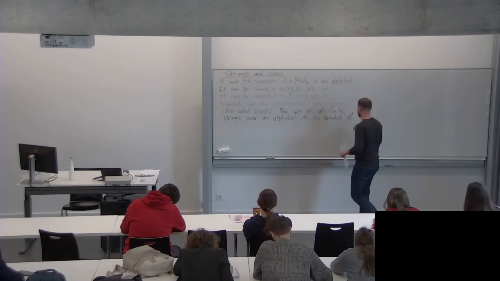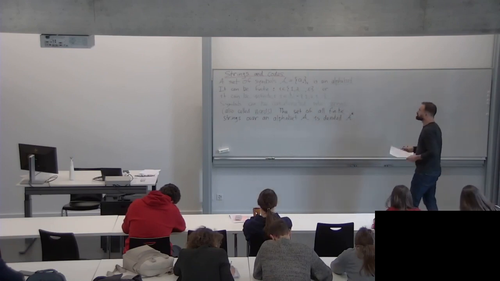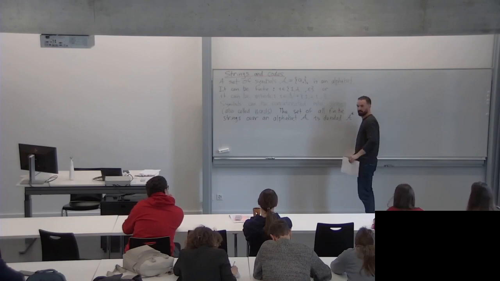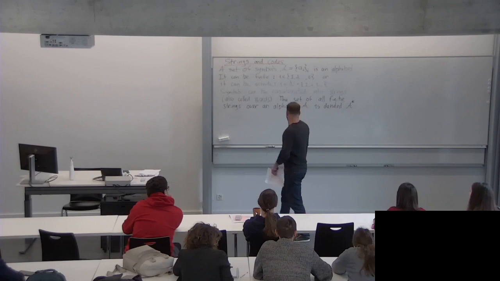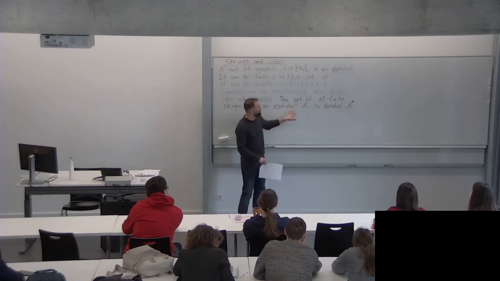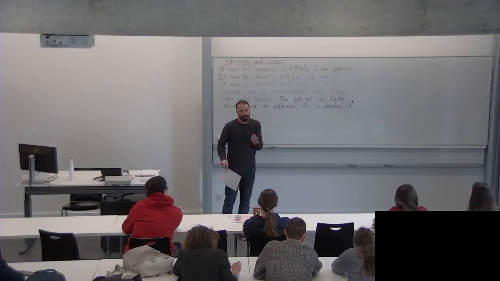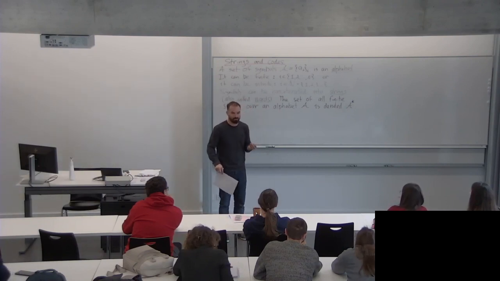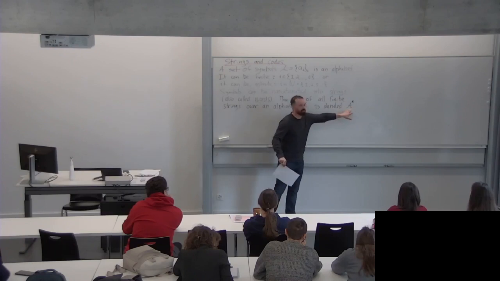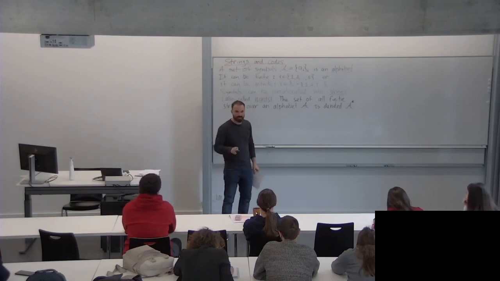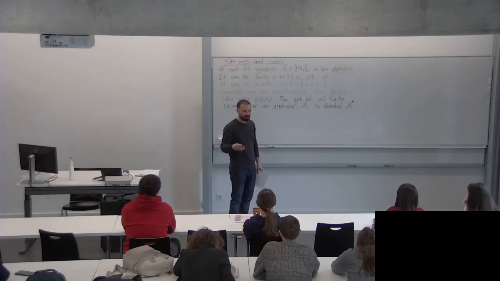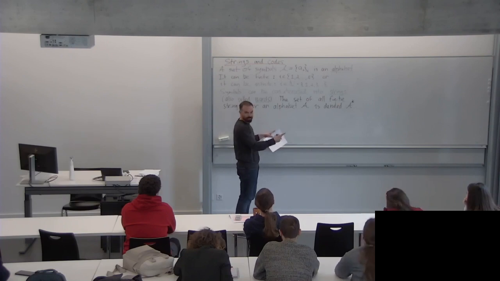The strings are finite, but there could be infinitely many of them because the alphabet can be finite or infinite. You can concatenate the symbols into strings, but the strings in A star have to be finite. That doesn't mean there's a finite number of members in A star, but it means that each member of A star has a finite length.